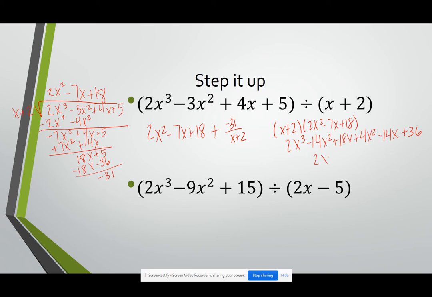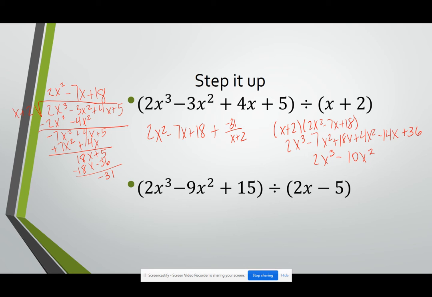So 2x to the third minus 10x squared. Did I multiply wrong? Yes, this should be minus 7x squared.